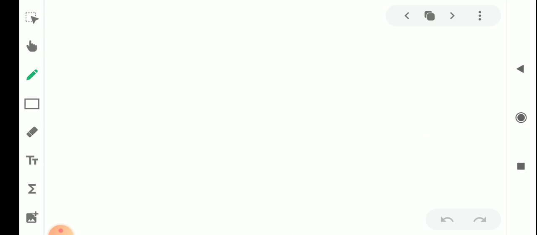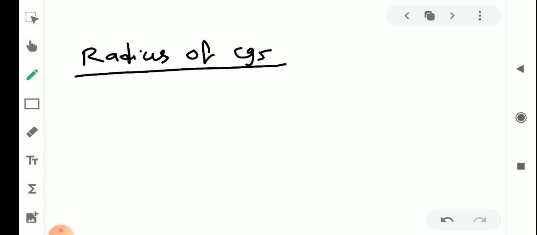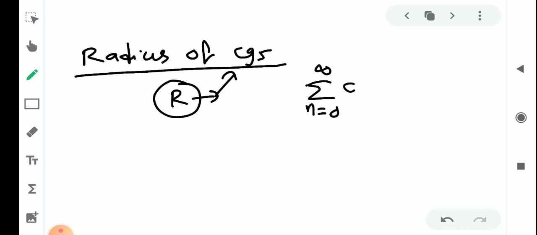Now we have a definition, that is radius of convergence. Radius of convergence is a very important definition. The number, we define a number capital R in the above theorem, that number is also known as the radius of convergence of the given series sigma n equal to 0 to infinity a n (z minus a) raised to n.